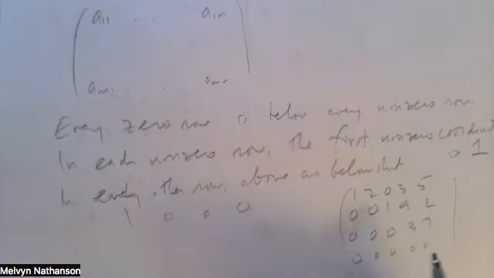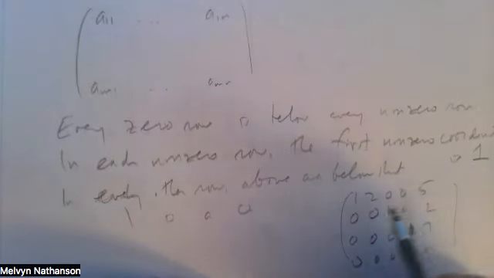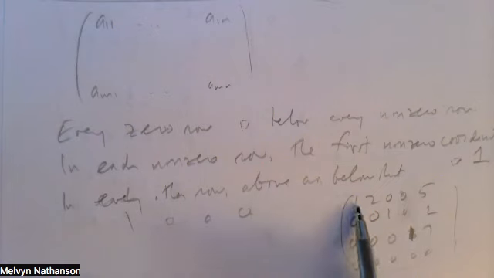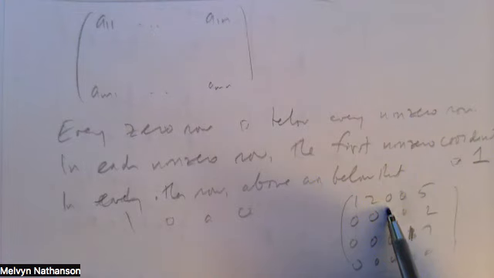So in this matrix, there's a 0 row and it's at the bottom. In every other row, the first non-zero entry is a 1. So in the first row, here's a 1. And in the column, every number above and below that is 0. In the second row, the first non-zero number is a 1.